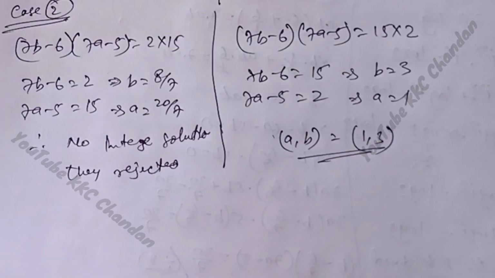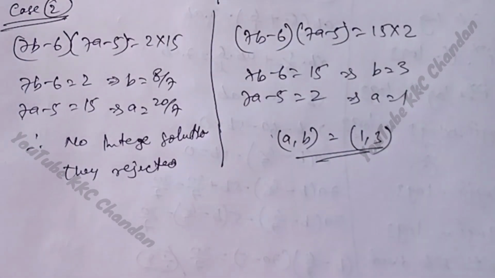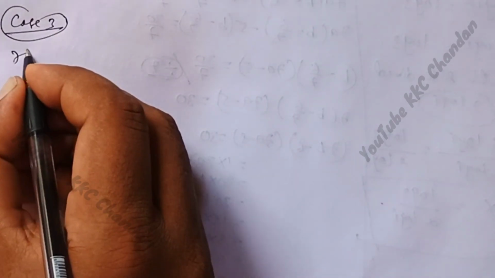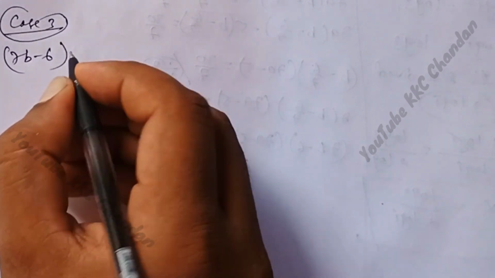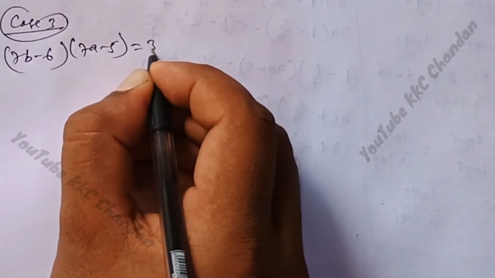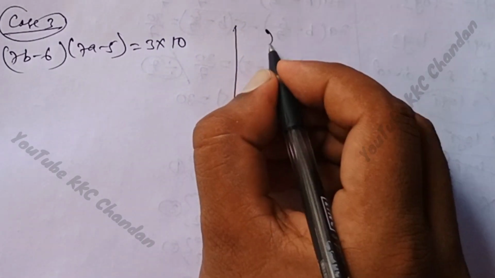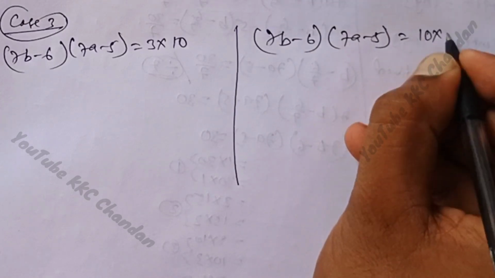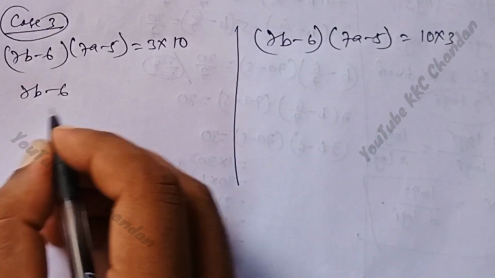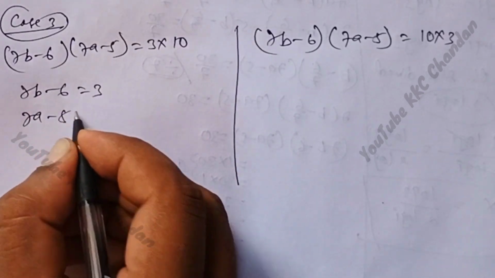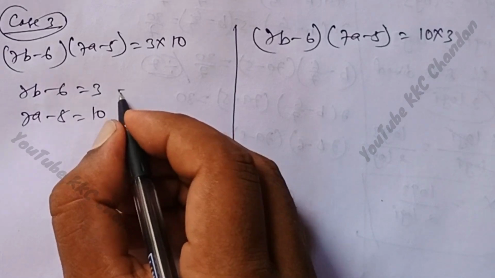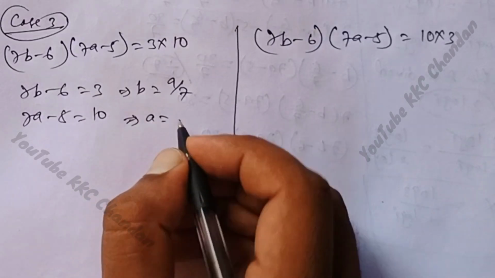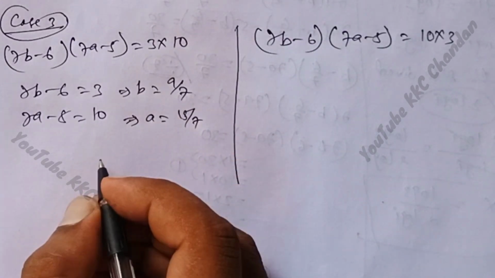Case number third. 7b minus 6 into 7a minus 5 is equal to 3 into 10, and 10 into 3. 7b minus 6 is equal to 3 and 7a minus 5 is equal to 10. Here b value is 9 divided by 7 and a value is equal to 15 divided by 7.